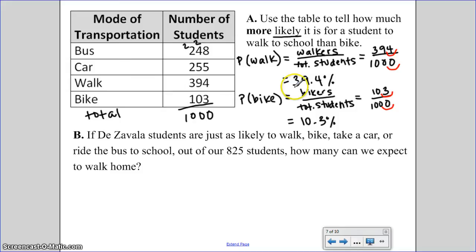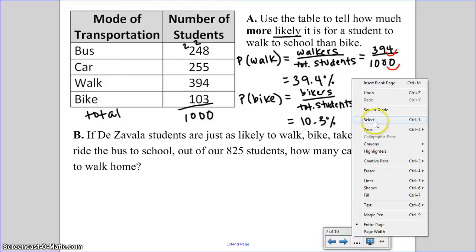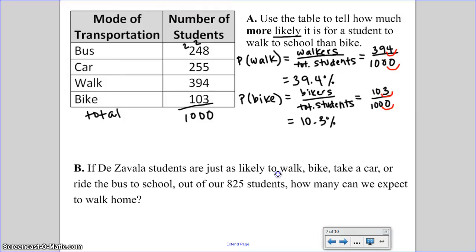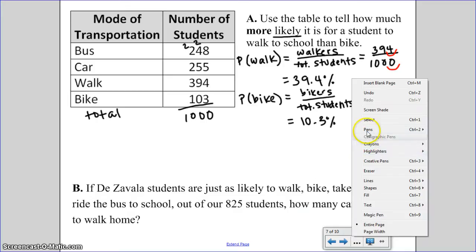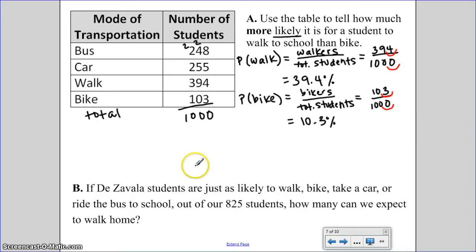Okay? Now, the question though asks me, how much more likely is it for a student to walk to school than to bike? So here I have my two percentages. So to find out how much more likely it is, I actually need to subtract. I'm going to move this down so we have just a little bit more room. All right, so how much more likely is it? Well, to get that, I say the percentage that walks minus the percentage that bikes.